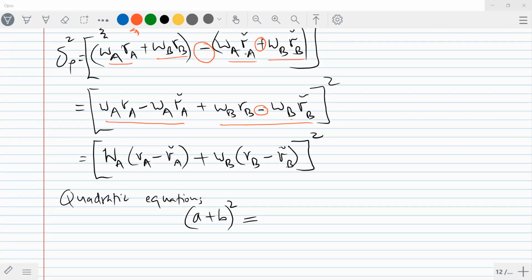Don't forget, you need to remember your maths here. a plus b squared, what do you get? Yes, it's a squared plus 2ab plus b squared. I see that you didn't miss that part of class when you were doing the statistics.